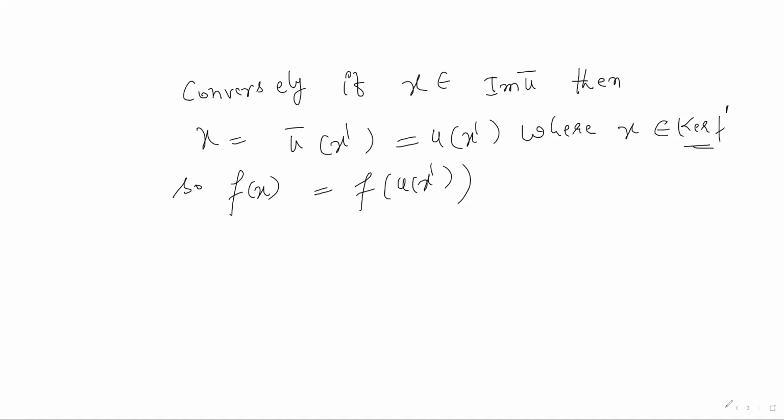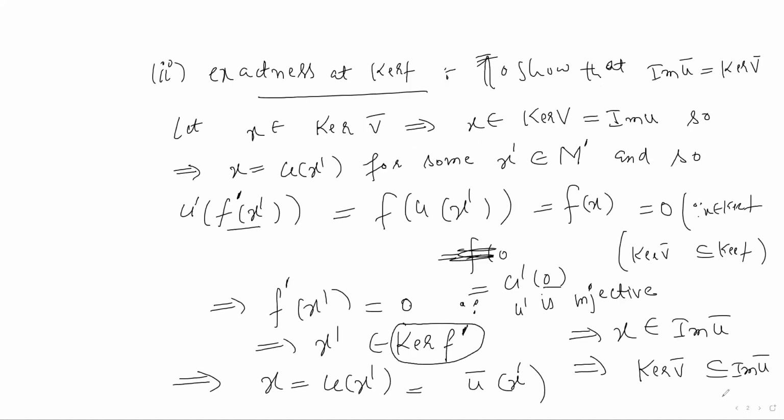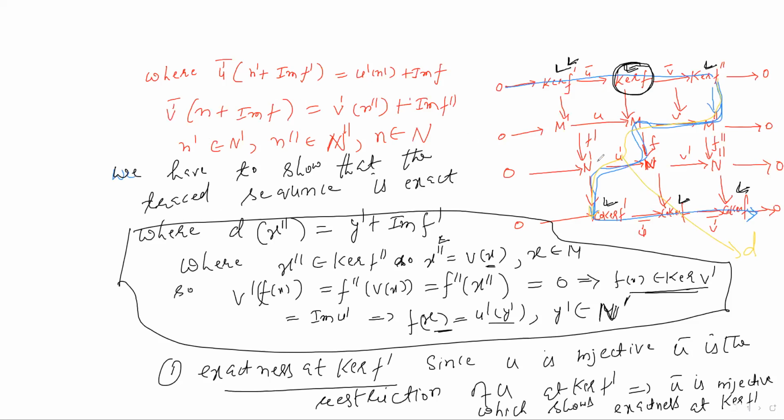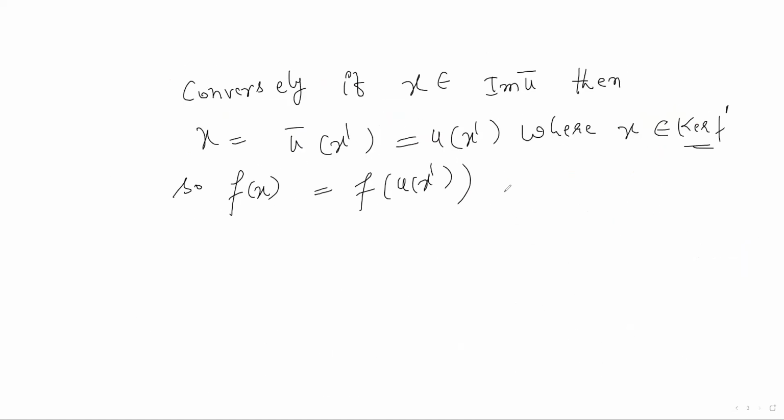But this diagram commutes. So f composition u here is same as u dash composition f dash. So this is u dash f dash of x dash, which is equal to, now f dash x dash is 0. इसको मैं x dash लिख रहा हूँ, because x dash हाँ कर्नल ऑफ f dash में हमने लिया, तो f dash x dash is 0 हो जाएगा.